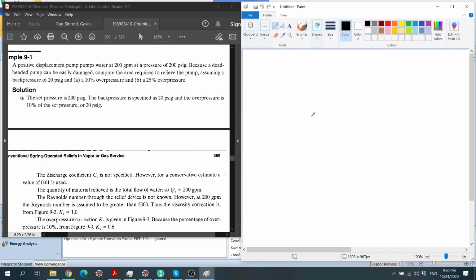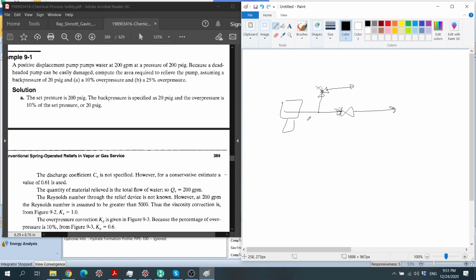So basically we have a pump, this positive displacement pump, and then we have a valve, and we have a relief valve here.